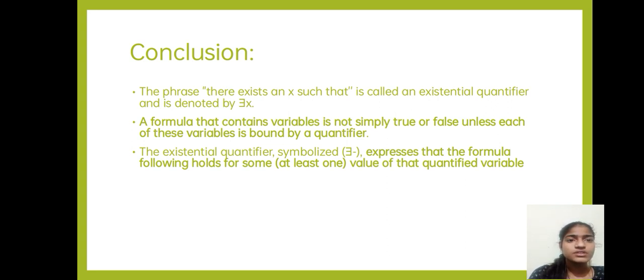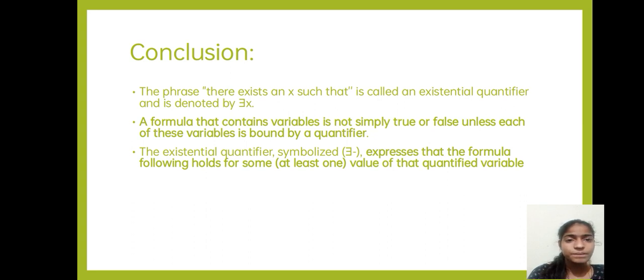The phrase there exists an x such that is called an existential quantifier and is denoted by the reversed capital E, followed by x. A formula that contains variables is not simply true or false unless each of these variables is bound by a quantifier. So it depends on how many variables, how many things it has, like there exists, some of them, or all.